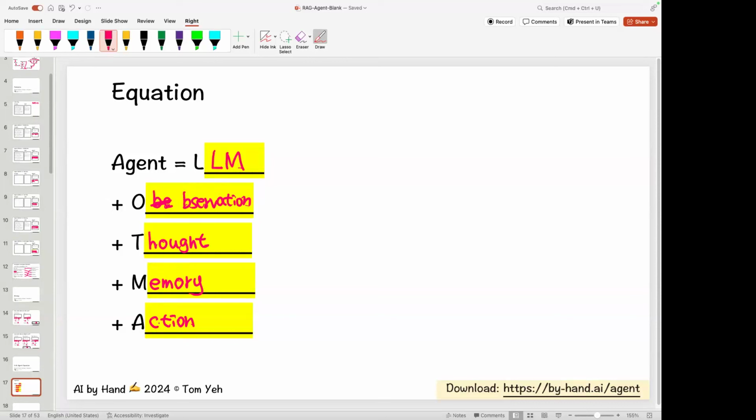And once you add it all to the large language model, you get this agent. Then think about some of the verbs. Observe means you can see stuff, think means you can reflect, memory means it can remember, and action means you can do stuff. You can do one, two, three, four different choices. So you can specify the actions for the large language model to think about and actually perform afterward.